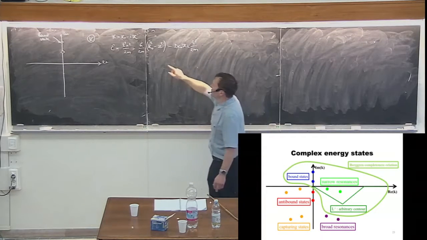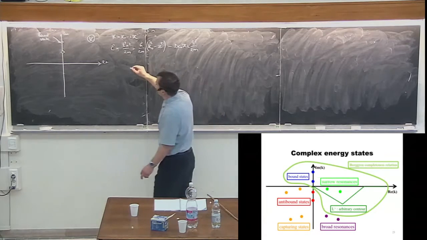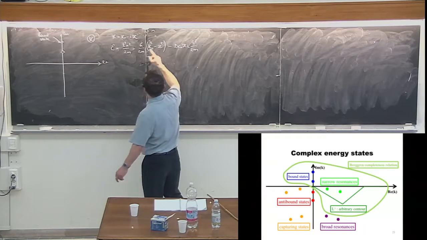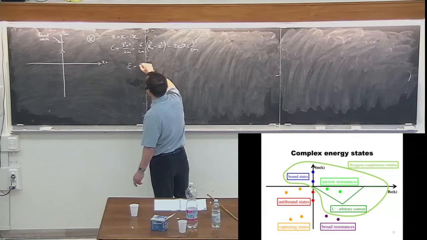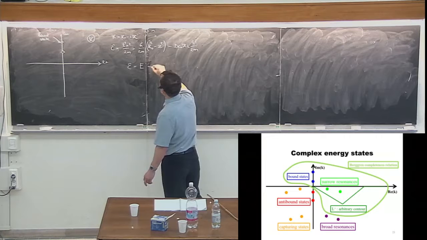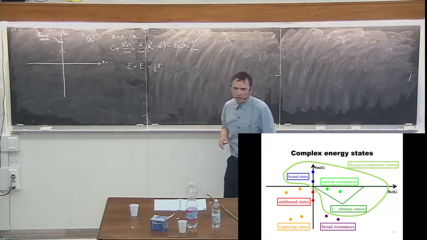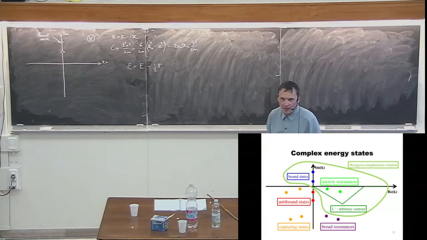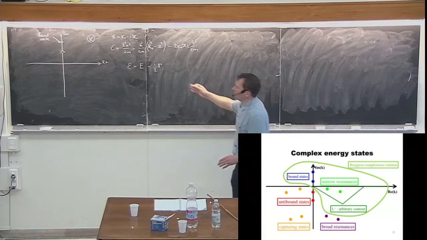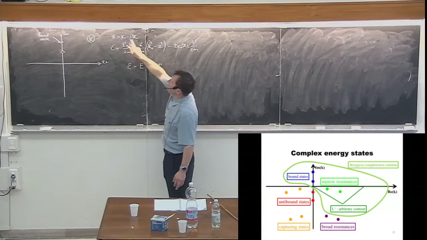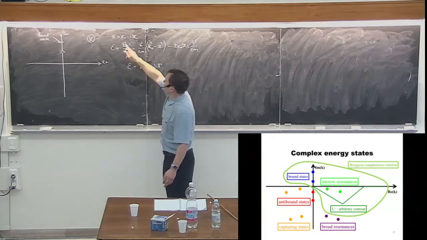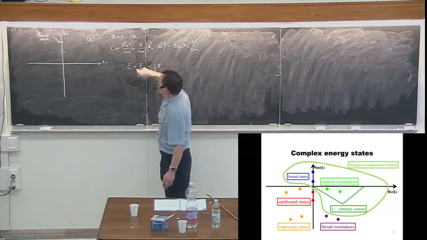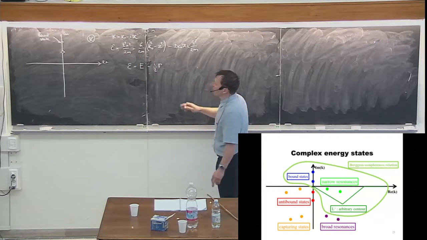Okay, so this is the real number and this is the real number. So therefore, I will write that my energy is some real energy minus i over 2 gamma, which are real and imaginary parts. Okay, so that is the relation, and of course, if this is positive, then this is positive. And also the same here, there is a pretty much direct relation.